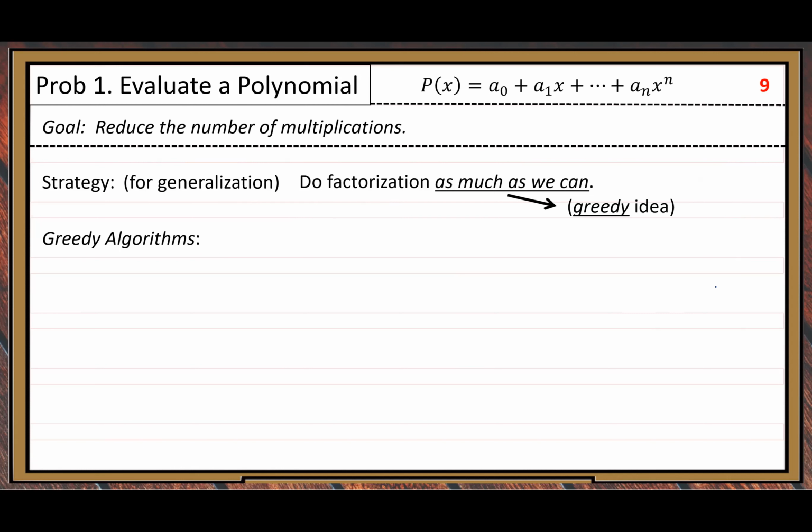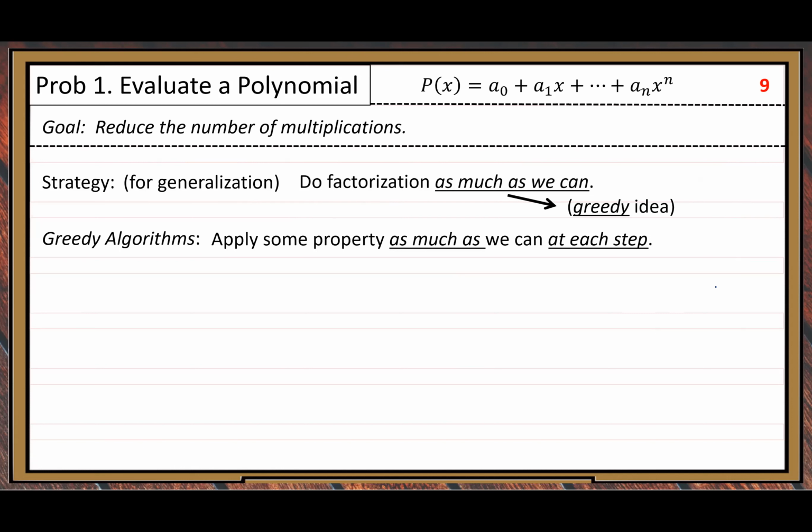But in this class, we may not have enough time to cover some materials in the later chapters, so here I talk about that. This idea is very important, very useful in our computing problem solving. So what's the description of the greedy algorithms?